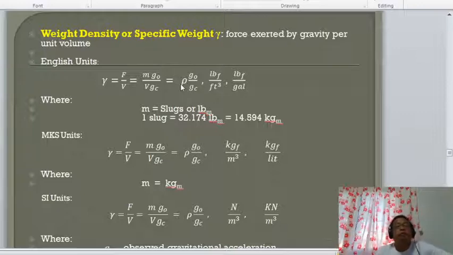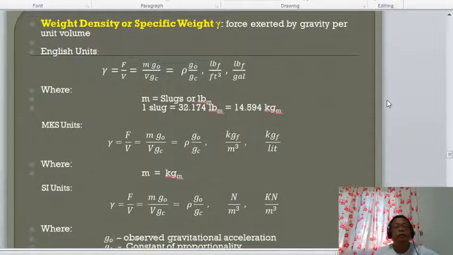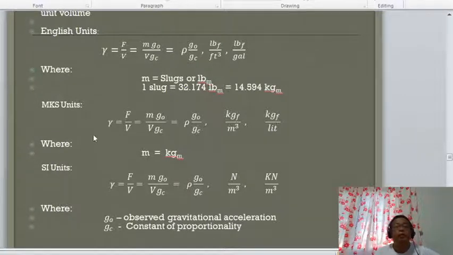Take note, 1 slug is 32.174 pounds as previously derived. In MKS, same relationship. In SI, same relationship. So what is G sub O and G sub C? Take note that G sub O is the observed gravitational acceleration and G sub C is the constant of proportionality. If the body is near the surface of the Earth, the values of those are the same.